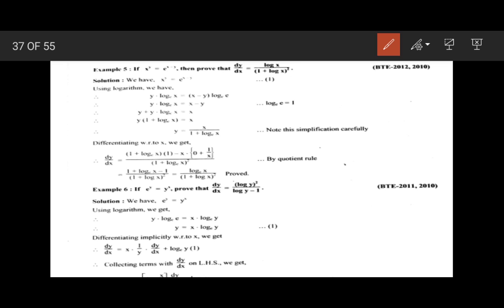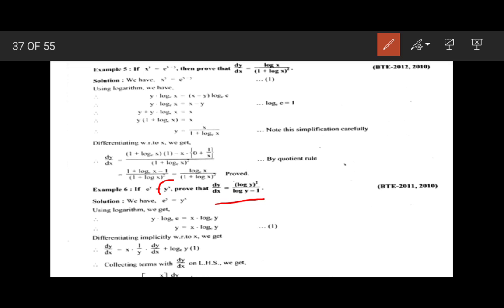Here e raised to y is equal to y raised to x, and we have to prove that dy upon dx is equal to (log y) whole square upon (log y minus 1), right?